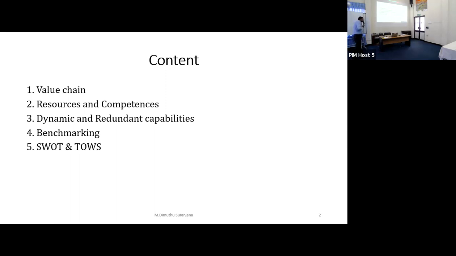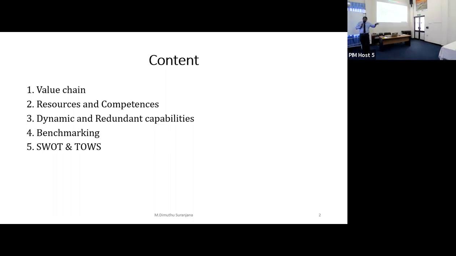Now, within this strategic position topic, we are going to evaluate our internal environment in detail. We look at what is inside of the organization in detail. It may include different resources, different processes.